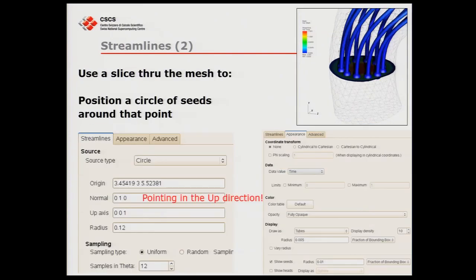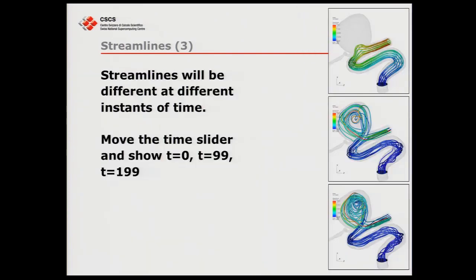So if I have the picture here, okay, here we see a number of streamlines. As you can see, they all start from the base of the domain here at y equals 3. Here I have a circle of seeds and different time steps.